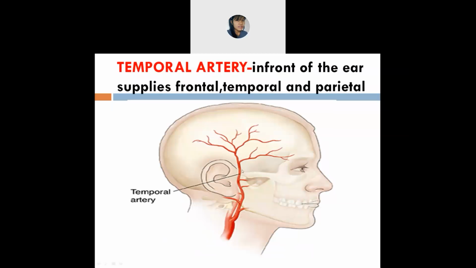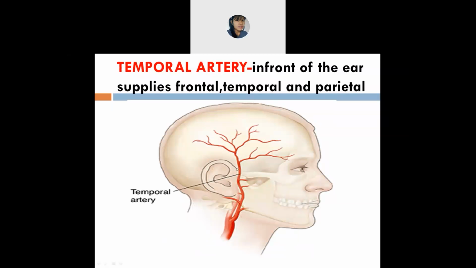Parietal. Parietal is here. In all these areas the temporal artery supplies. And in the temporal artery you will also be able to feel your pulse right here. Okay, upper part of the ear.